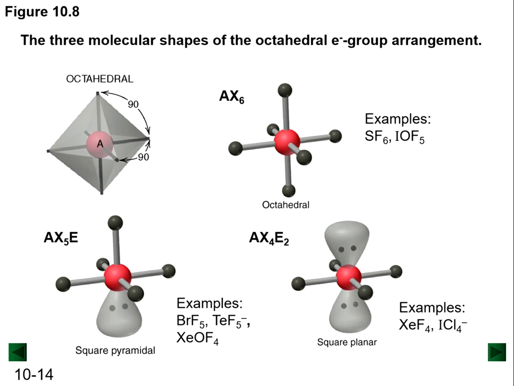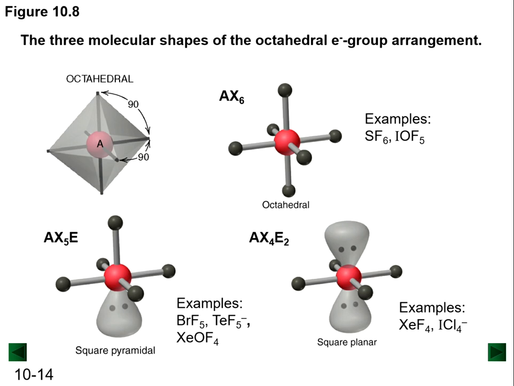Examples of this are shown here: SF6, sulfur hexafluoride, which is a very important molecule for technological applications for use in producing plasma displays, and iodine oxygen pentafluoride, which also has the octahedral arrangement.